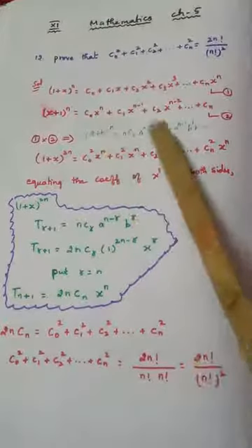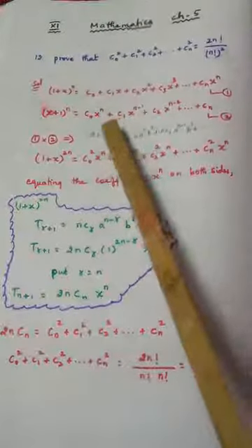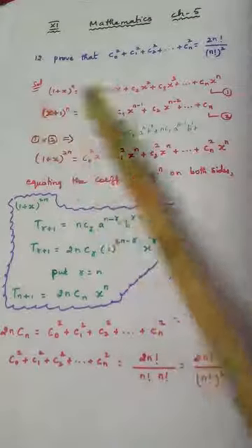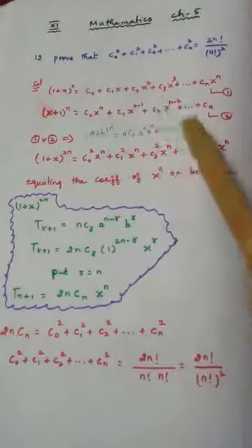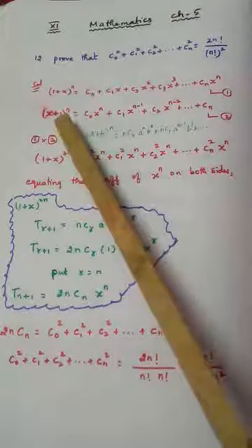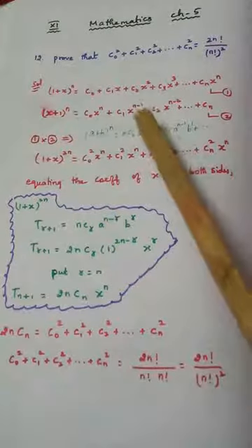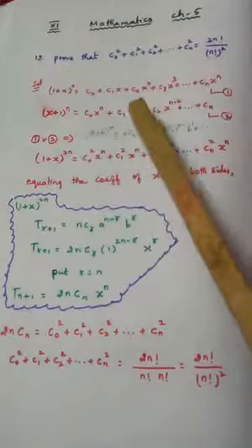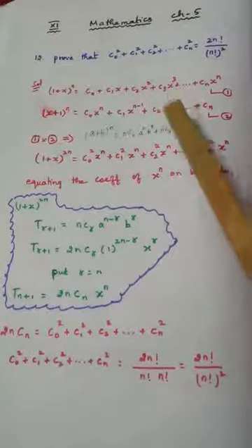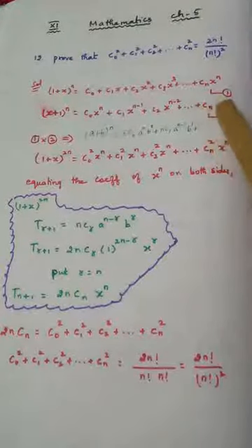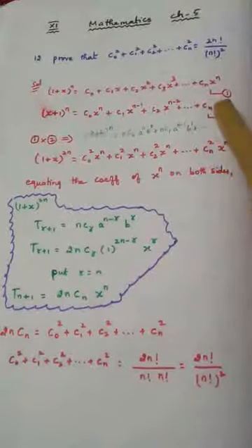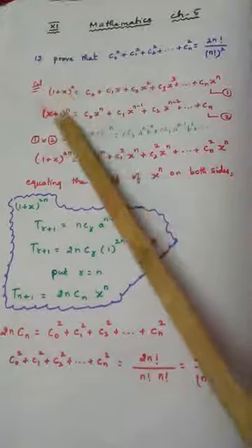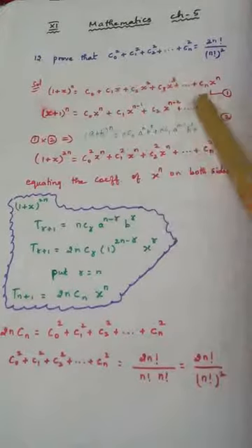Plus nc1 is shortly written as c1, a power n minus 1, x power n minus 1, b power 1, which means 1 power 1, and that is 1. We are not writing that. So this is nc1 x power n minus 1, plus nc2 x power n minus 2, plus etc. ncn. The last term will be ncn a power 0, which means x power 0 is 1, 1 power n is also equal to 1. So only cn will come.